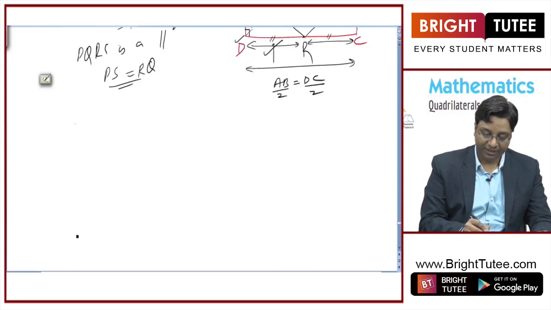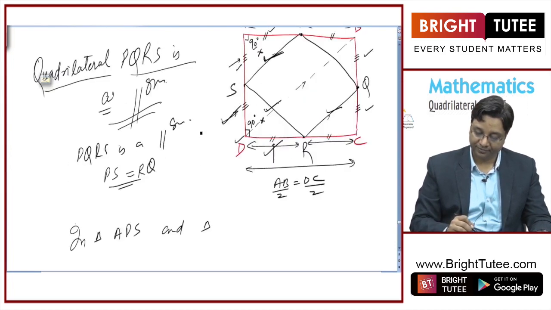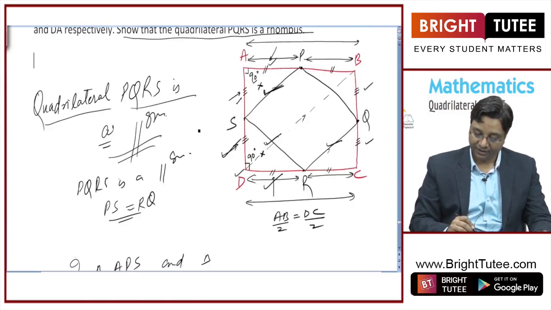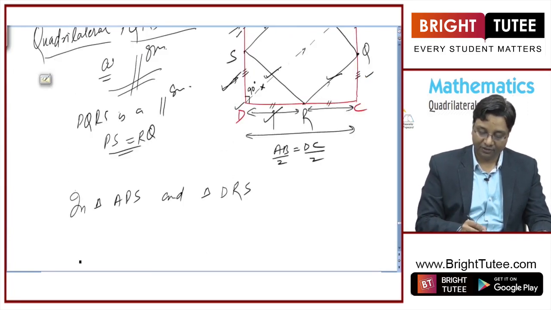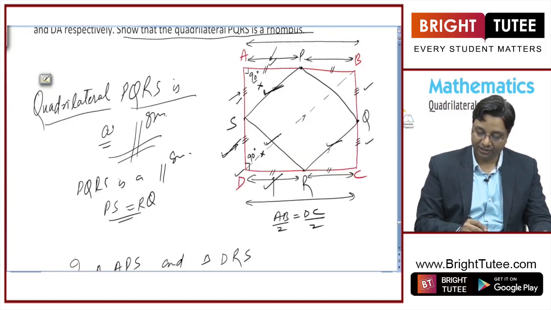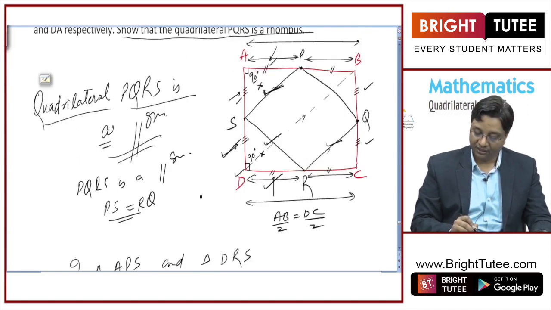In triangle APS and triangle DRS, what can you say about the sides? AP is equal to DR. Which other side is equal?